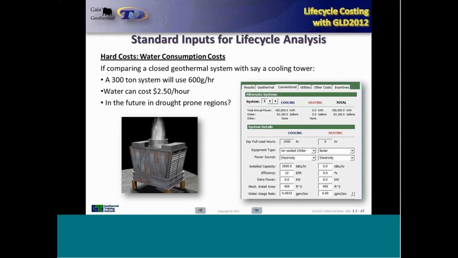So think about it, in the future, in drought-prone regions, say like Las Vegas, for example, if climate change predictions come as they're anticipated to, and the water supply is really going to drop 30–40%, X years in the future, what do you think the price of water is going to do? How long is that system going to be in operation? It's just worth thinking about water consumption costs if you're comparing a geothermal system with a system that's going to be evaporatively cooling water into the atmosphere.